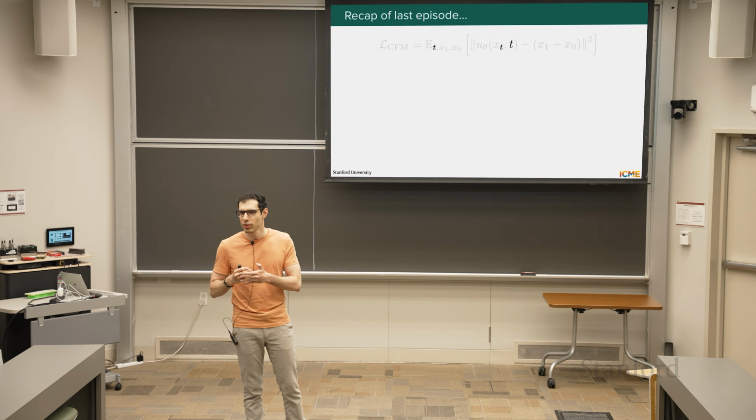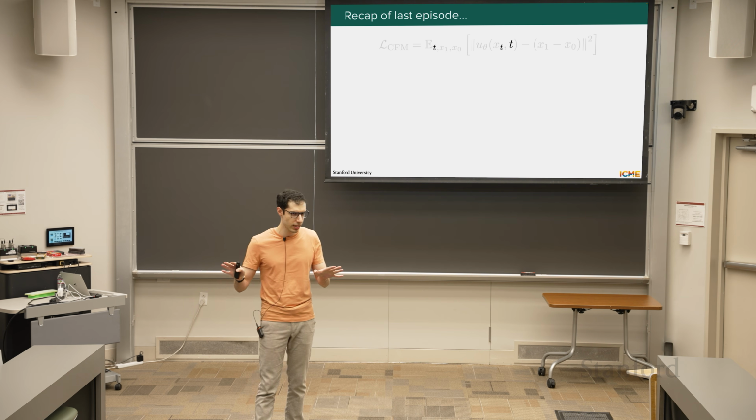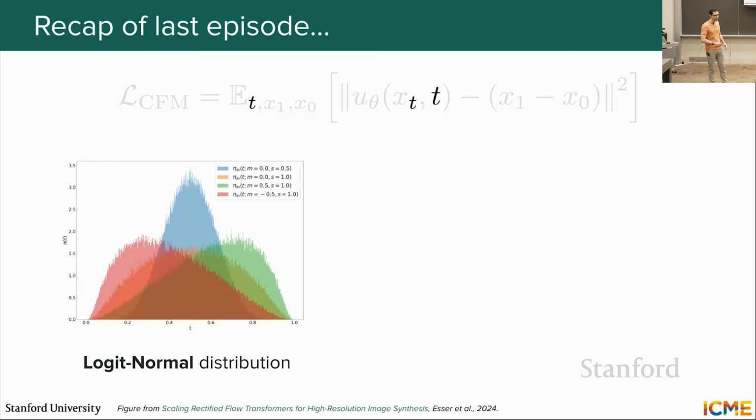And we saw that it was actually not fair to treat all time steps equally. There was a distribution that was quite nice in this case, which was the logit normal distribution, which emphasized the middle steps, which are harder to learn compared to the earlier and the later steps.